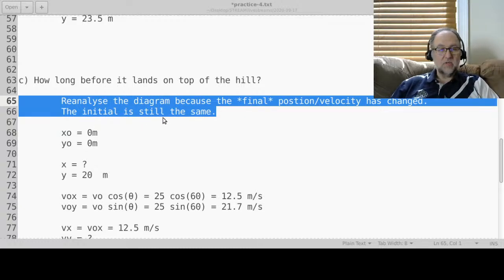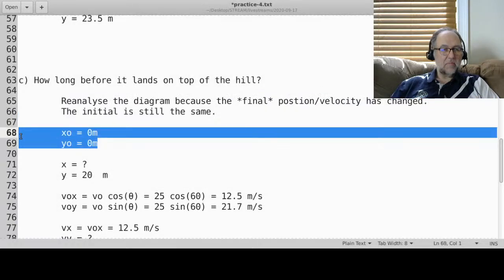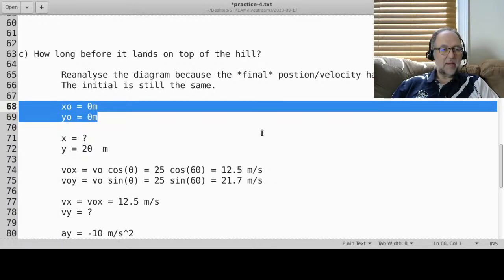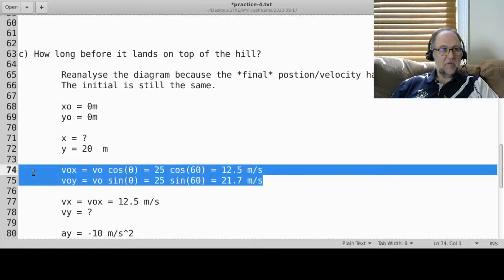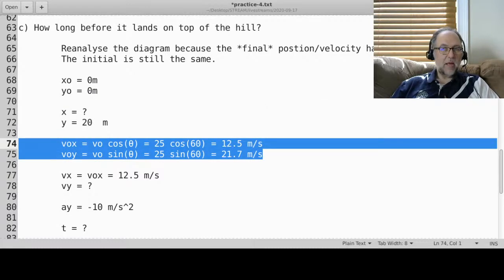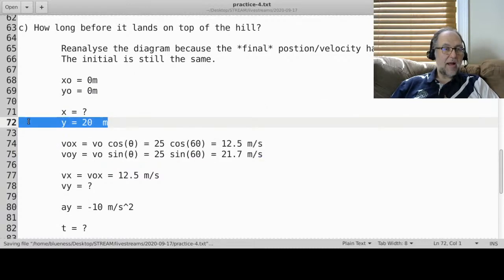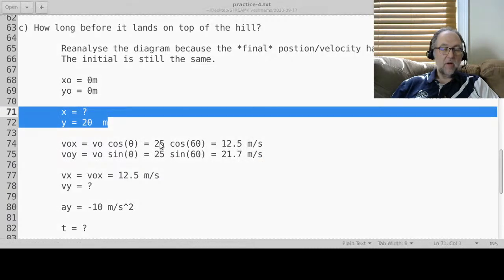The initial is still the same: the initial position remains the same, and the initial velocity remains the same. But the final position has changed. X is unknown, but Y we do know now. It's the height of the top of the hill, which is 20 meters.